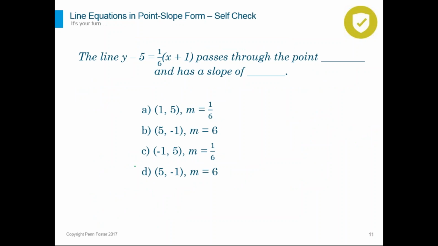The line y minus 5 equals 1 over 6 times x plus 1 passes through the point what and has a slope of what? What do you think? You have options. I'm going to change the screen in about 30 seconds.